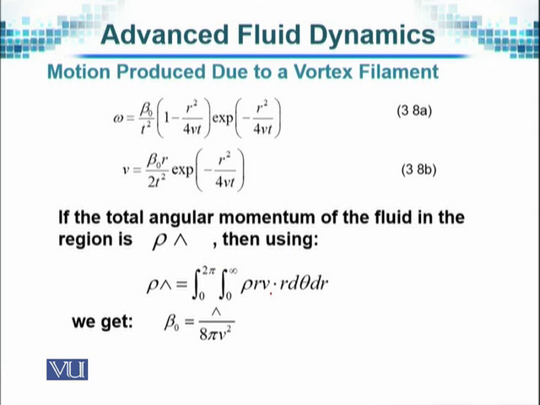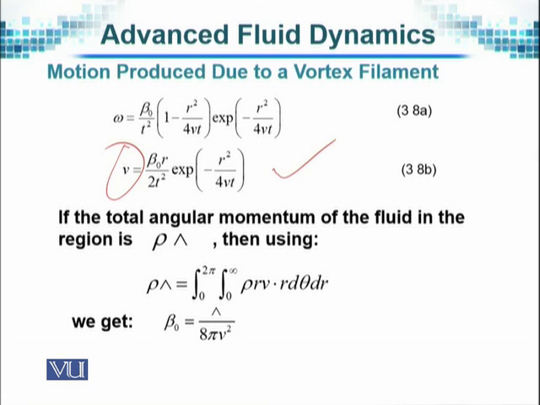Finally, vorticity will take the value of beta naught over t squared into 1 minus r squared over 4 nu t, times e to the power minus r squared by 4 nu t. Again that shows that when r increases, this function is going to decrease, for a small t of course, and the same holds as far as the velocity is concerned; the function will be acting as given.